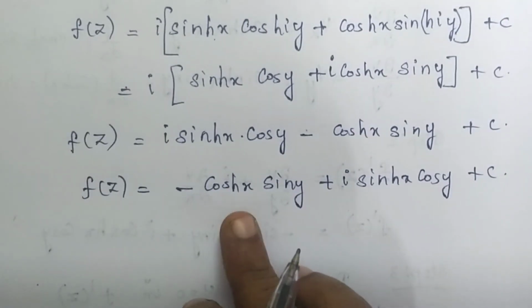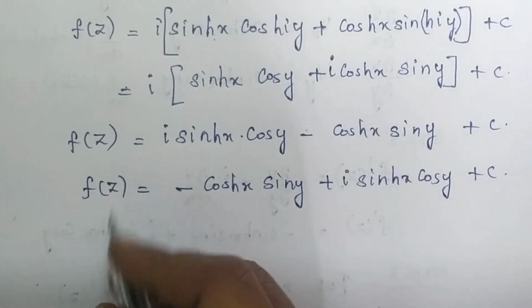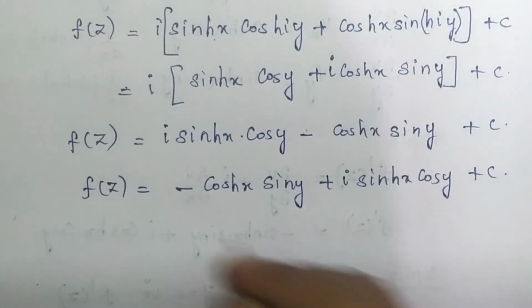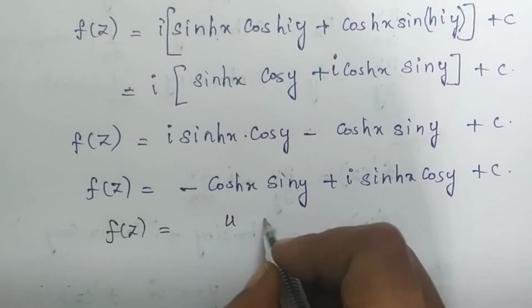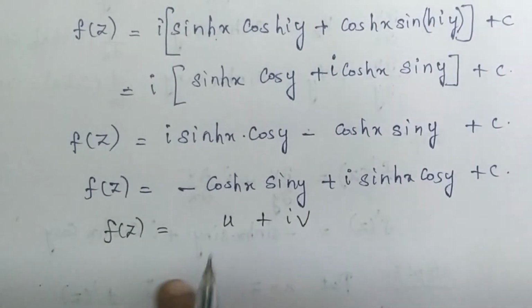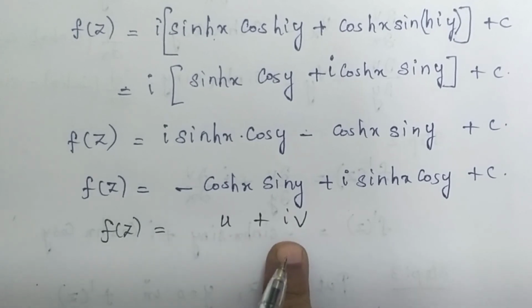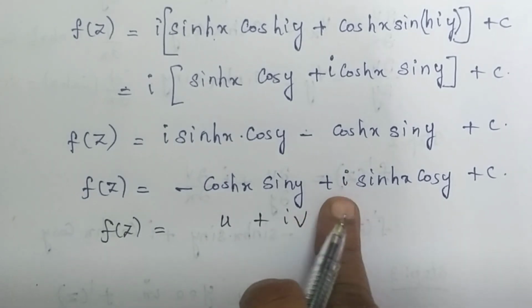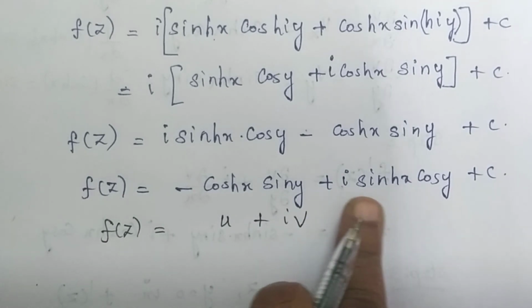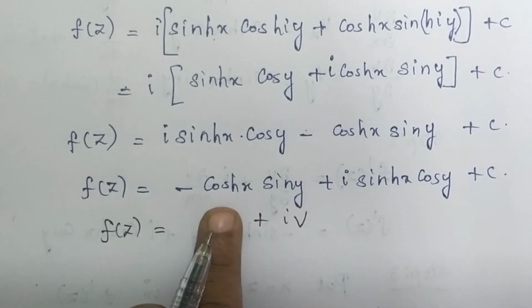So this is the real part, because we have expressed f of z in the form of u plus iv. You know what f of z is, that is f of z is equal to u plus iv. u is the real part, v is the imaginary part. The coefficient of I is the imaginary part. So what has no I is the real part. So this is our real part.